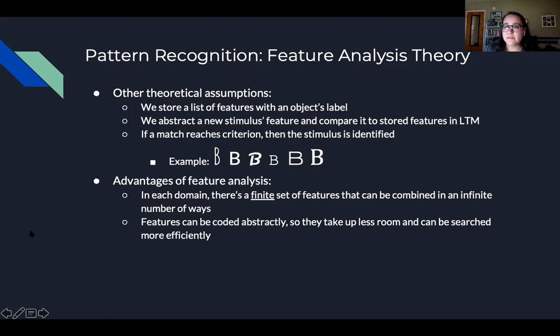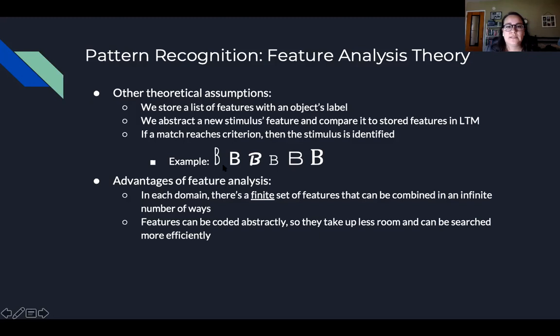And so some of the advantages of feature analysis is that for any given sensory domain, whether that's visual, auditory, reading, speaking, there are a finite set of distinctive features that can be defined that can help us identify a letter or a language sound.